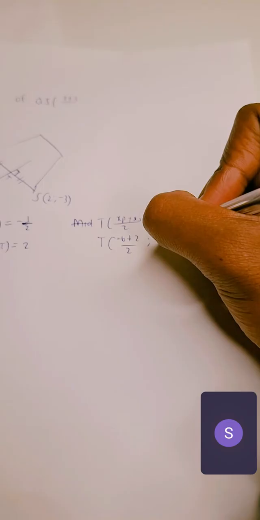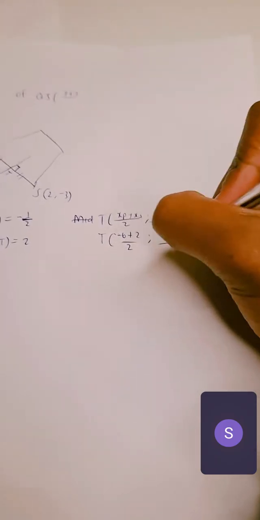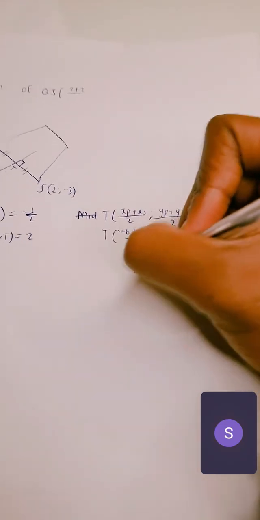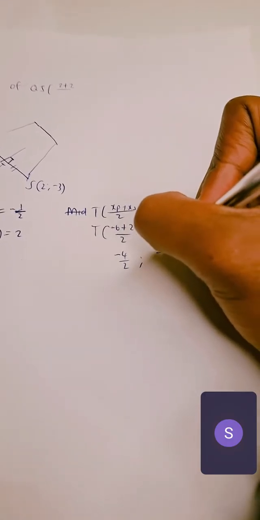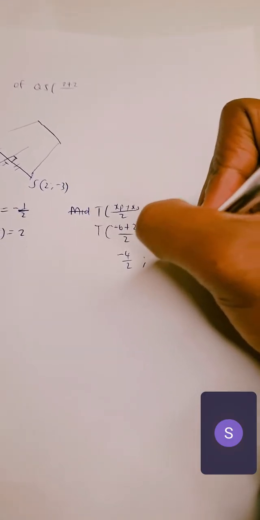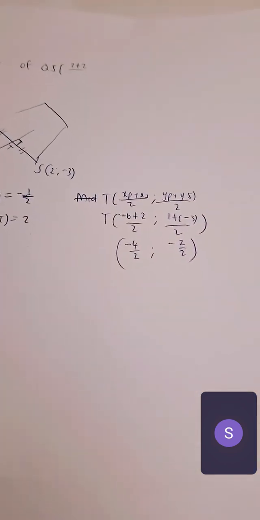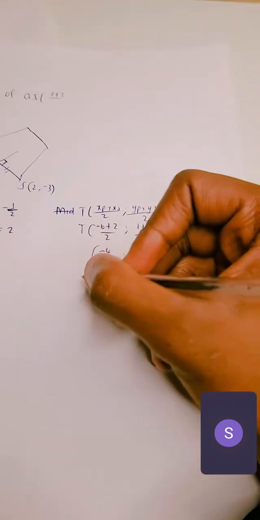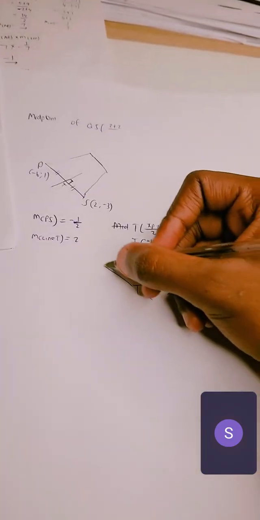Then y coordinate of P, that's 1, plus y coordinate of S, that's -3, over 2. If we substitute, we get -4/2 and -2/2. Is this correct? Yes, it's correct. So we get an answer of -2 and -1. That's T.